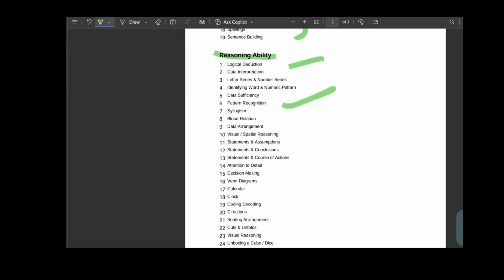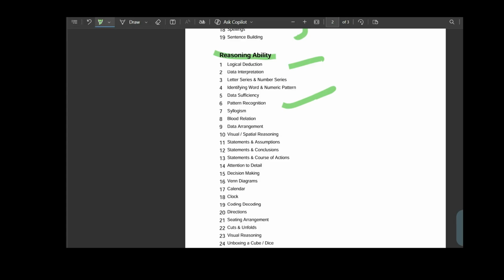For example, you might be asked to identify patterns in numbers or letters, analyze relationships between words, or determine whether given data is sufficient to answer a question.